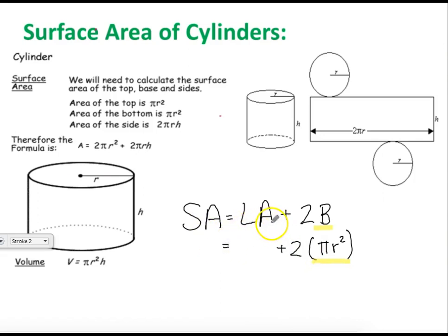So lateral area, in this case, is height times 2 pi r, because that's the length of our lateral face. If we unravel our circle, it is the circumference of the circle. That's going to be the length of the base of our lateral face, 2 pi r. So lateral area is going to be 2 pi r times height. And that's the surface area of a cylinder.